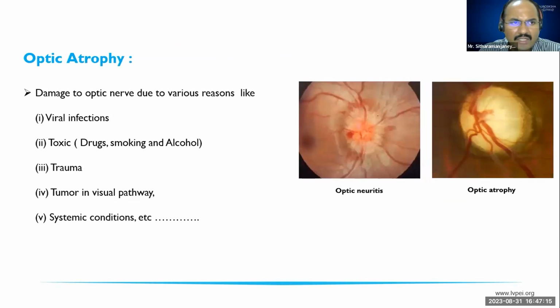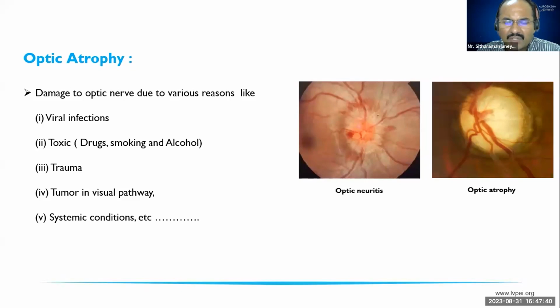The next condition is optic atrophy or optic neuritis. With any damage or inflammation to the optic nerve, the patient will notice sudden loss of vision. For example, your patient will tell you that my vision has decreased suddenly.